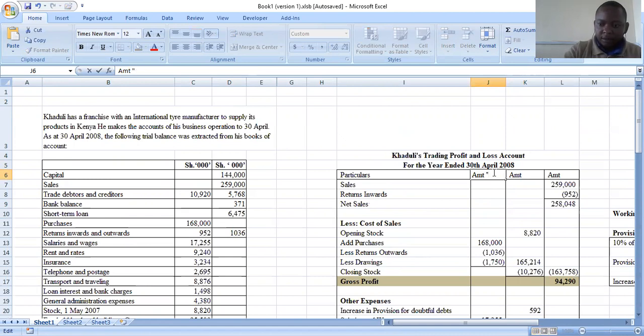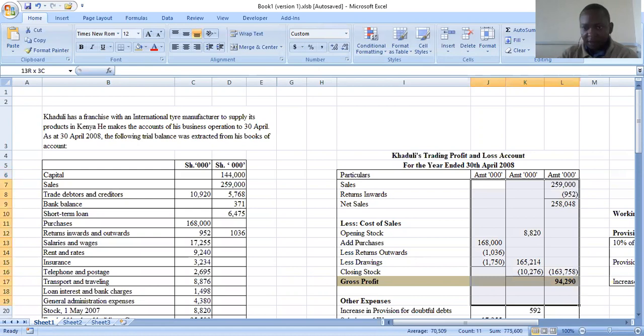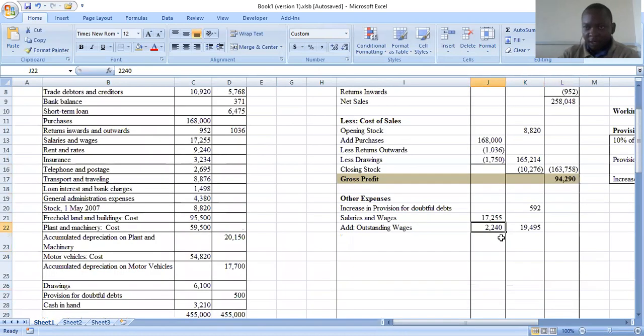Ndio isilete shida sana. Hivi iko sawa? So that is to say that the figures here are in thousands. Sawa sawa. So this 2.24 million is thousand. This 2240 is in thousands. Sawa. So it's 2.24 million.